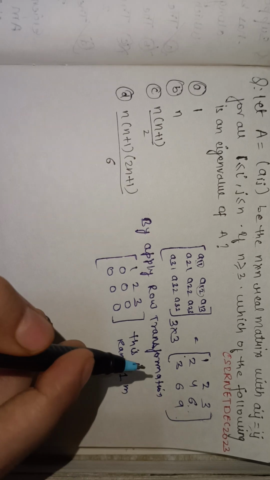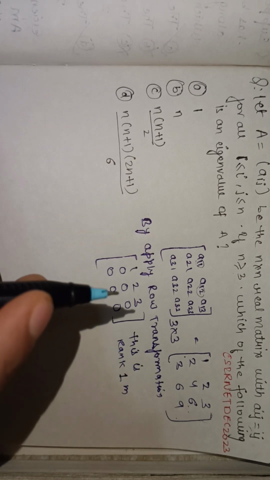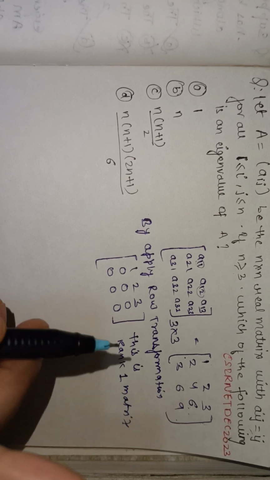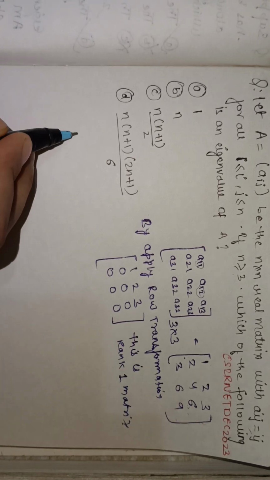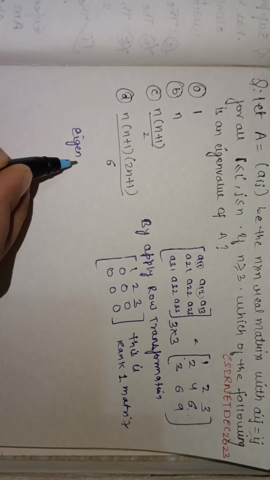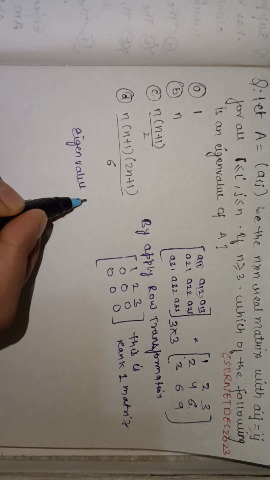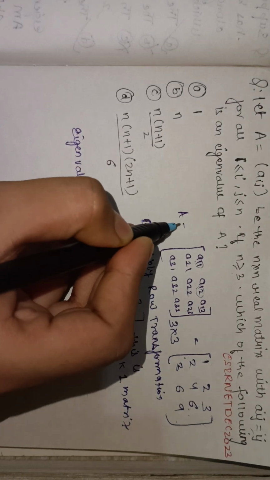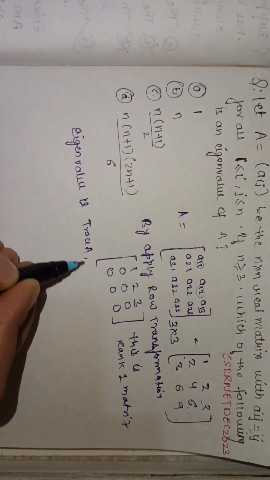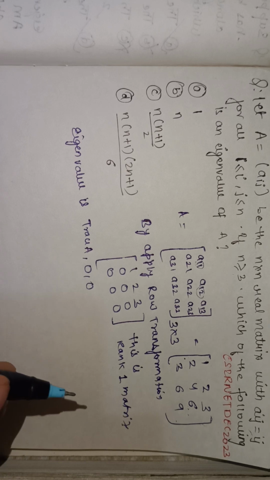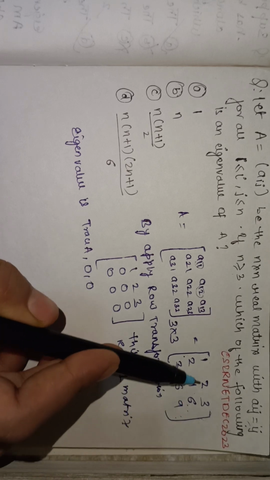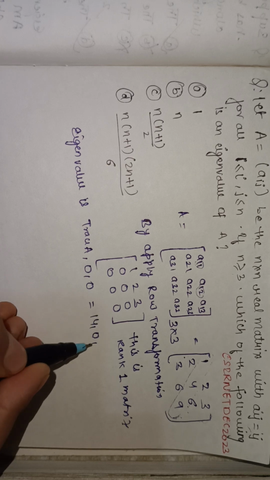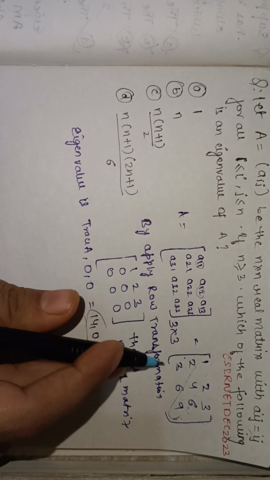So if the matrix is of rank 1, then what are the eigenvalues of that matrix? The nonzero eigenvalue is the trace of that matrix. Let the matrix be A, then the trace of A is the nonzero eigenvalue, and the rest of the values are 0. The trace of this matrix is 14. So the eigenvalues are 14, 0, 0.